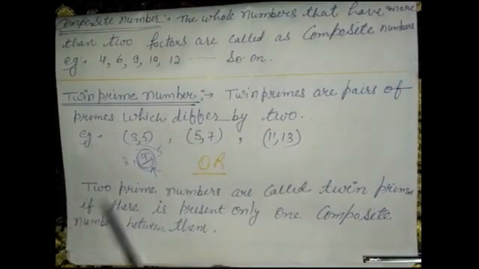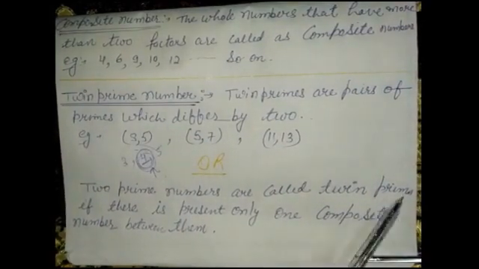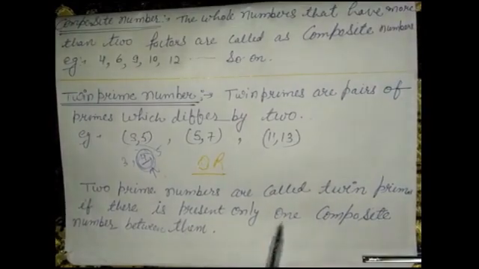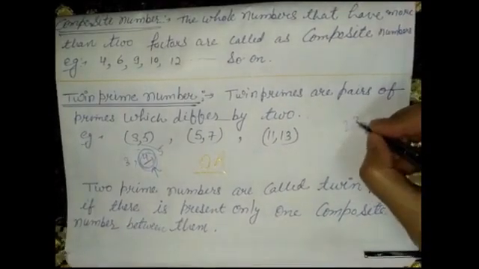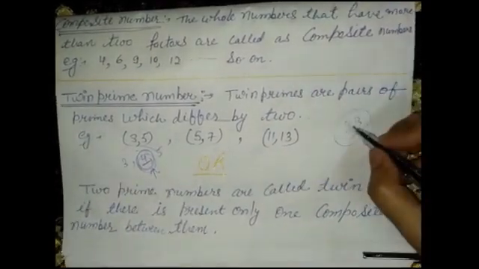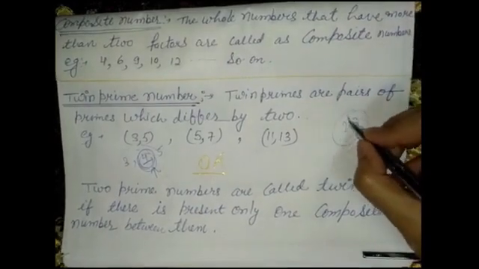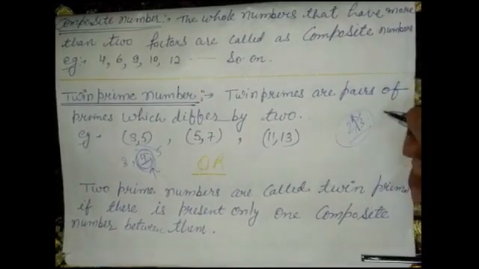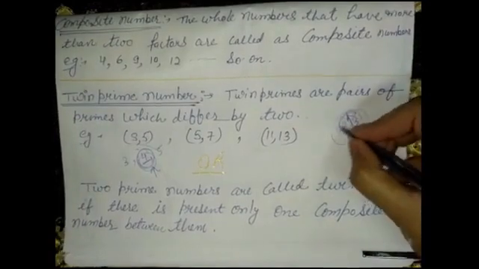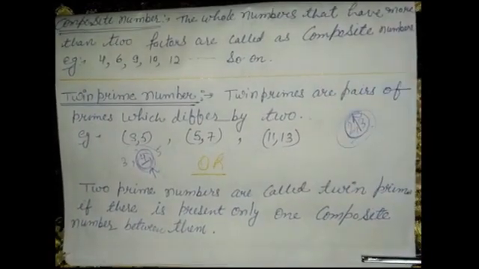Let's read it once. Two prime numbers are called twin primes if there is only one composite number between them. See, if a few students say, ma'am, 2 and 3. But my dear students, between 2 and 3, I am not getting any composite number. So I cannot say that these two numbers are twin prime numbers.